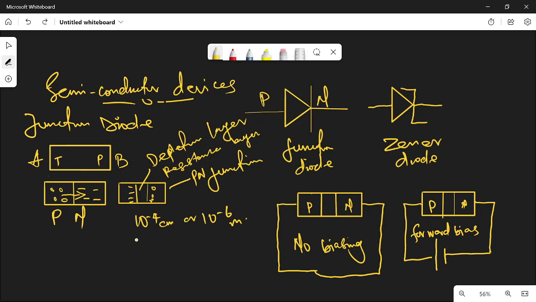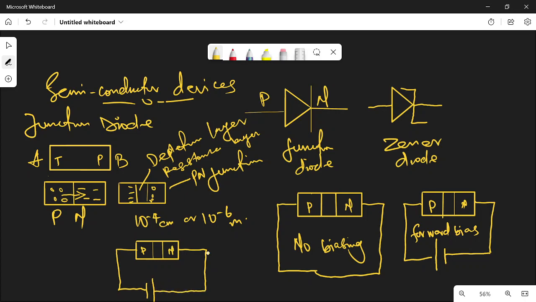And when you have this, so if I have this is P and this is N. If I have this connected this way, so this is the negative side of the battery and this is the positive pole of the battery.